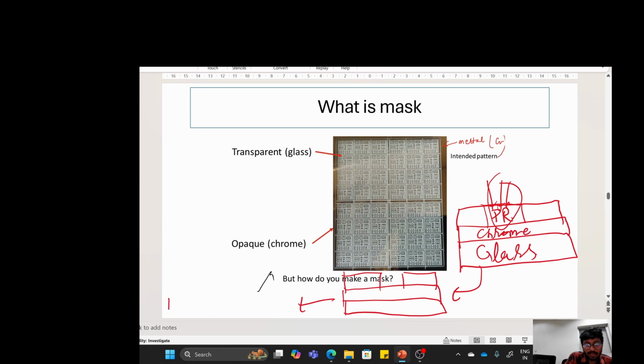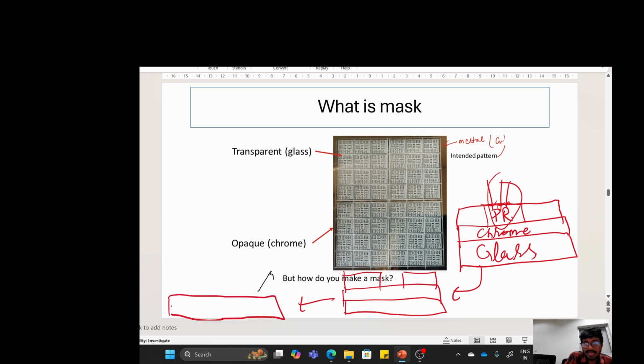Then you do the chrome etching. After chrome etching, this is glass, this is chrome, and this is your photoresist. After this you dip it in acetone.